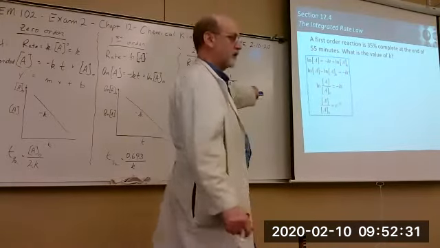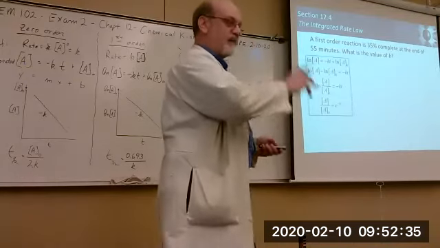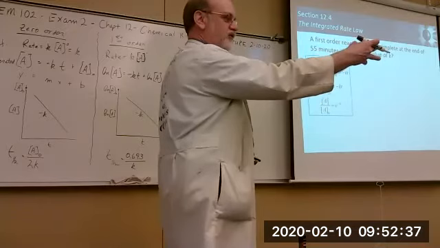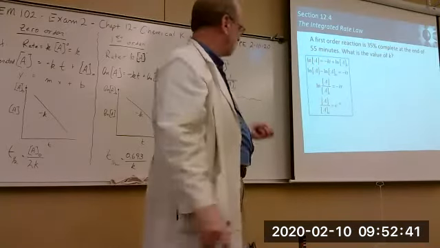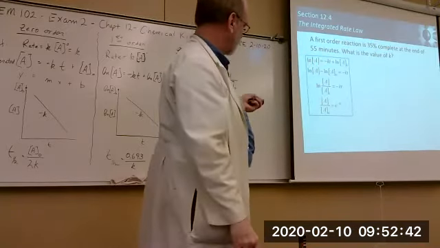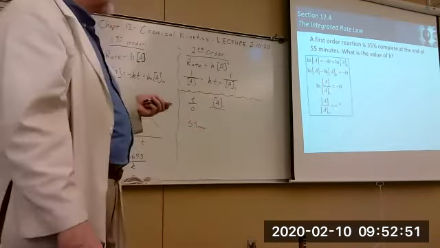Just like I put up here, what does a log mean? It means the base to the answer power is equal to the value that you're taking the log of. So that's all we're saying. There's an e right here, so we say e to that power is equal to this expression. So we're just converting. Actually, we're taking the anti-log.